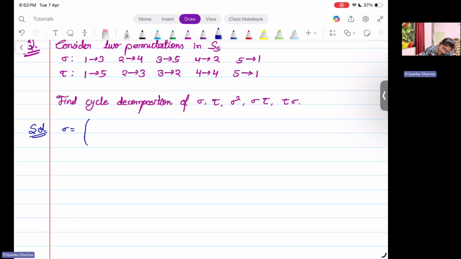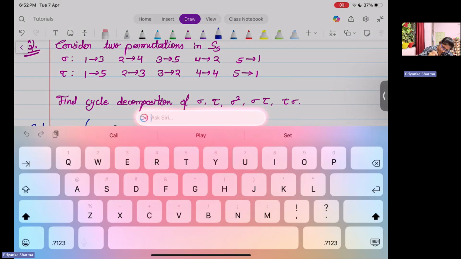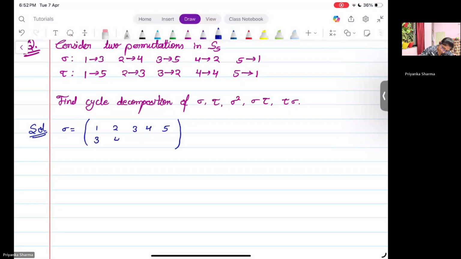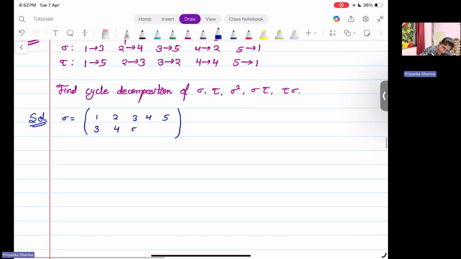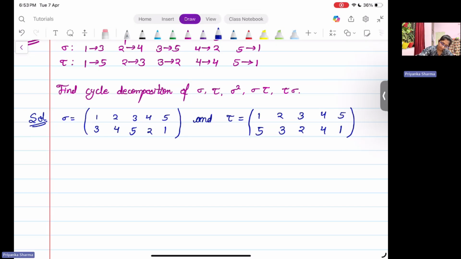Sigma is 1, 2, 3, 4, 5. 1 goes to 3, 2 goes to 4, 3 goes to 5, 4 goes to 2, and 5 goes to 1. And what is tau? That is 1, 2, 3, 4, 5, and 1 goes to 5, 2 goes to 3, 3 goes to 2, 4 goes to 4, and 5 goes to 1.